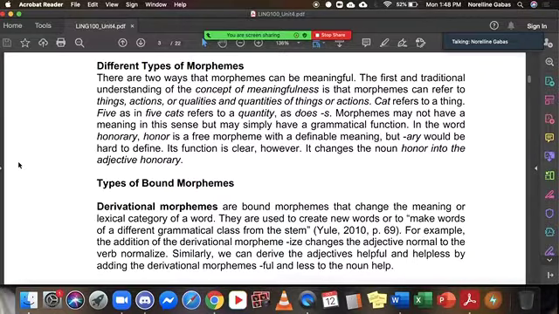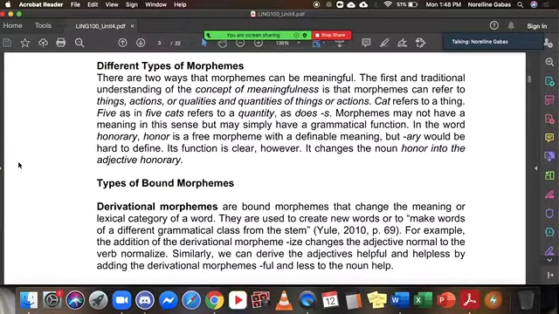Five, as in 5 cats, refers to quantity, as does the S. Morphemes may not have a meaning in this sense, but may simply have a grammatical function. So ito yung sinasabi ko kanina, may grammatical function.